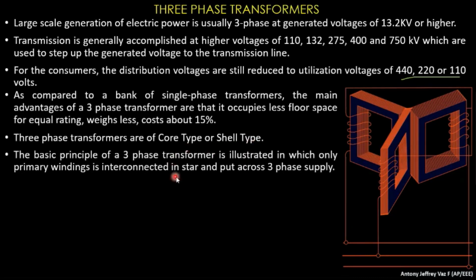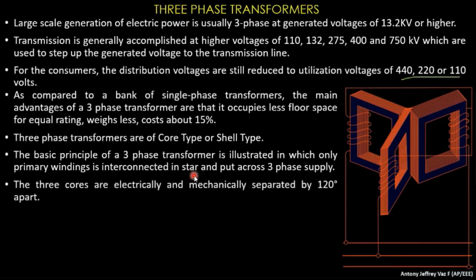The basic principle of a three-phase transformer is illustrated, in which only the primary winding is interconnected in star and put across a three-phase supply. The primary winding is always in star, but the secondary winding you can connect in star as well as in delta. The three cores are electrically and mechanically separated by 120 degrees.